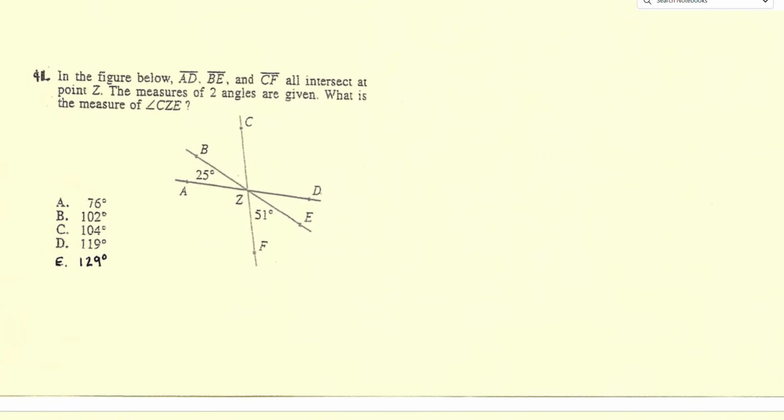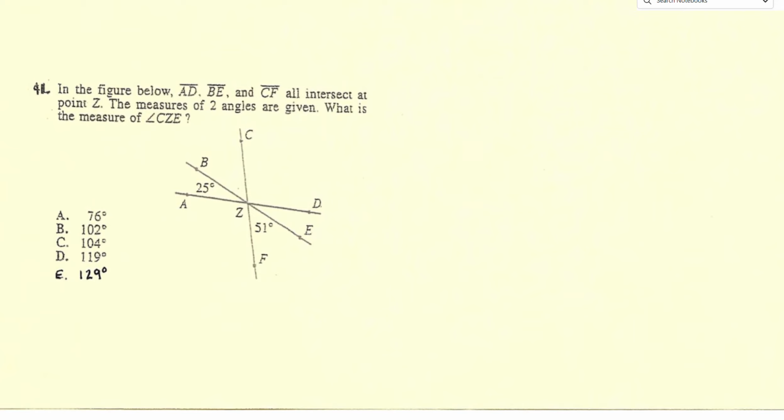Number 41. In the figure below, AD, BE, and CF all intersect at Z. I can see that. And the two angles are given. The question says, what is the measure of CZE?